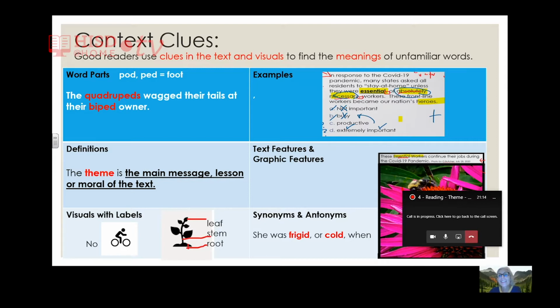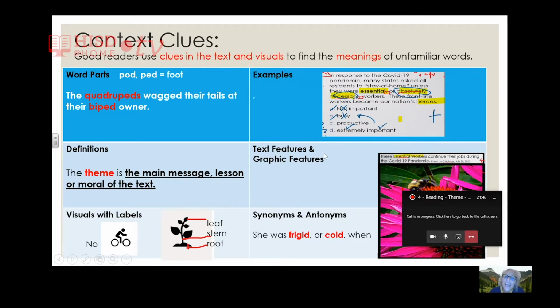It's giving it as an example. So unless they were essential or absolutely necessary workers, these frontline workers became our nation's heroes. And so we know these essential workers are also heroes. And then we go along and we can figure it out that way. And we figured out it wasn't just that they were important. Not only were they important, they were extremely important because of the word absolute.